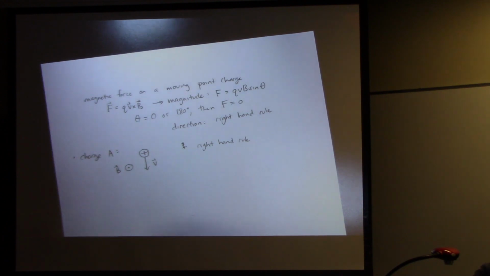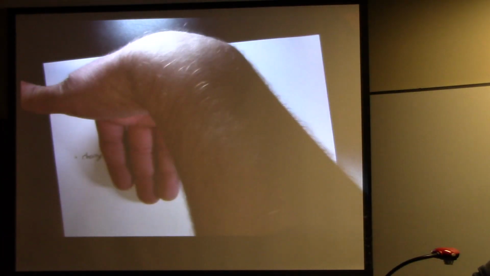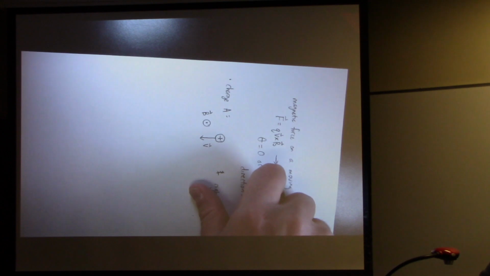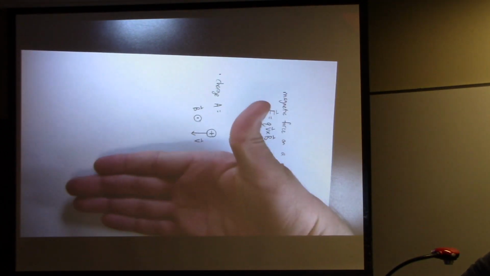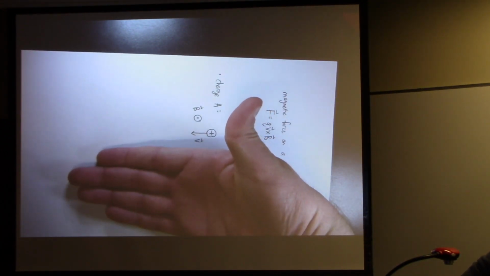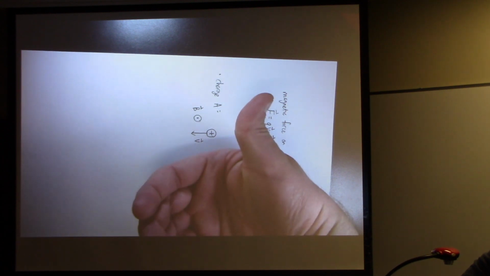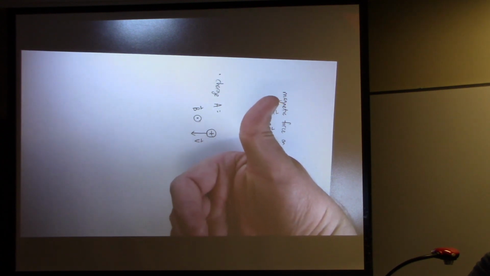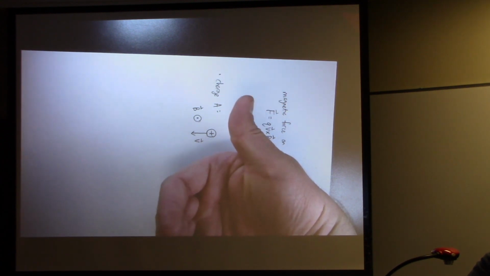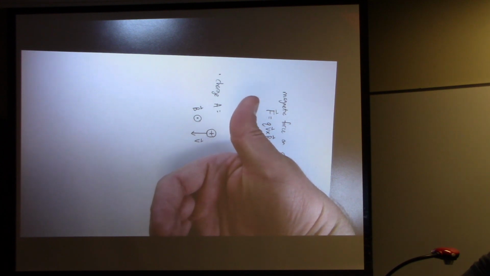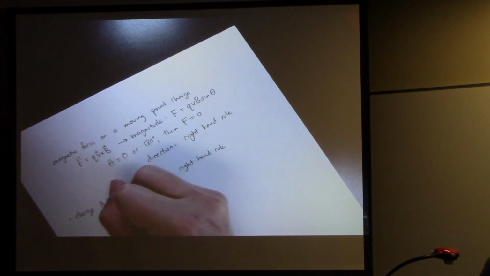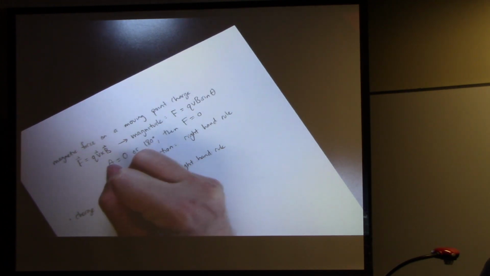All right, so it's fingers of your right hand. Here, let me turn it sideways. Fingers of your right hand in the direction of V. Curl those fingers out of the page in the direction of B, and your thumb is pointing in the direction of the force. So your thumb should be pointing in the diagram straight to the left.